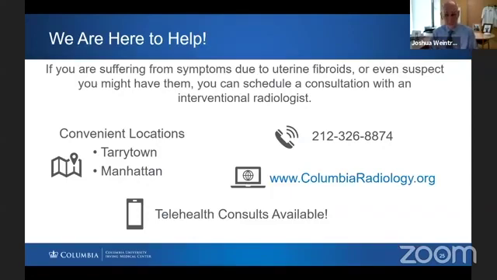The next question here is, can I explain a bit more what bulk-related symptoms are? Bulk-related symptoms are related to the size of the fibroids. As you saw in the diagrams, these fibroids can get very large. They can be the size of a grapefruit or even up to the size of a cantaloupe.